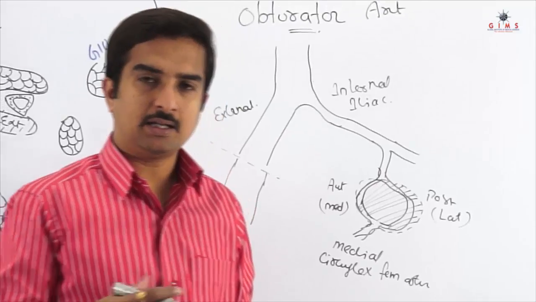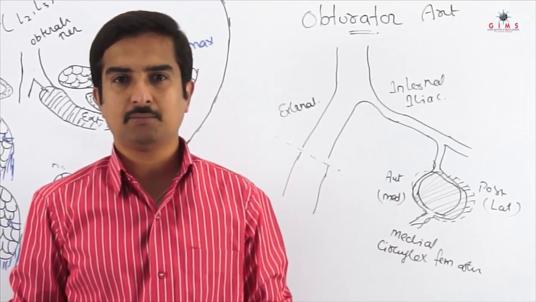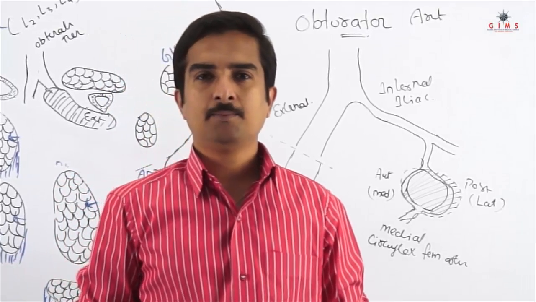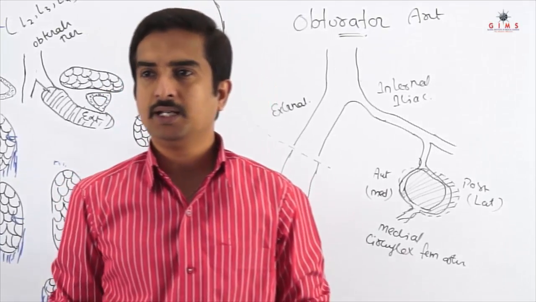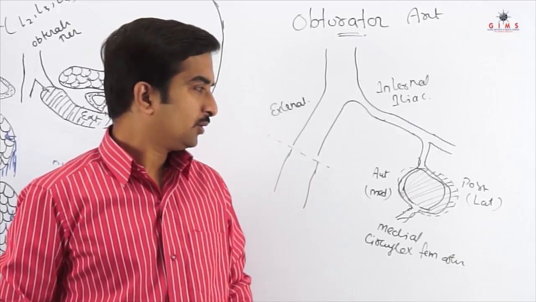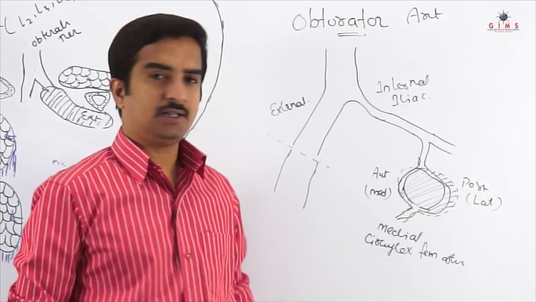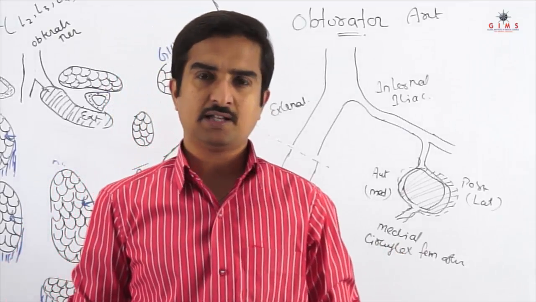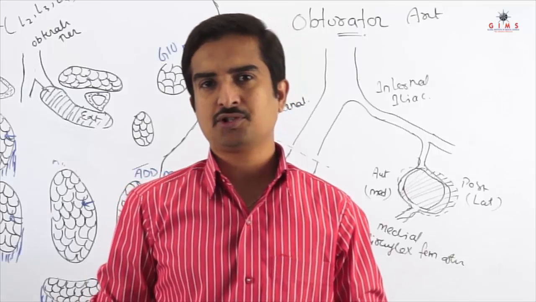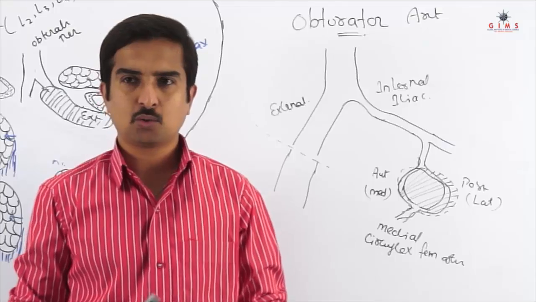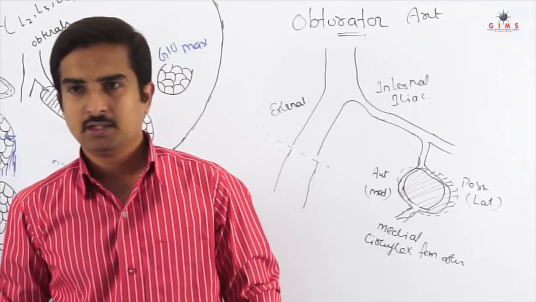After encircling the obturator membrane, they finally anastomose with the medial circumflex femoral artery. Both the anterior and posterior divisions supply the neighboring muscles located nearby that region.